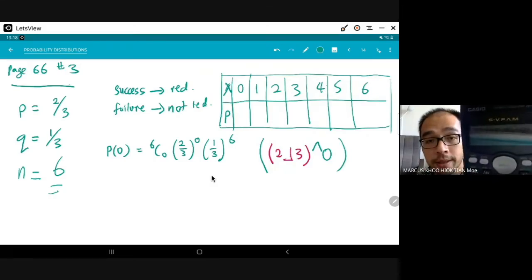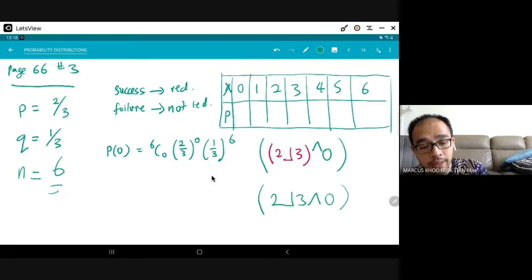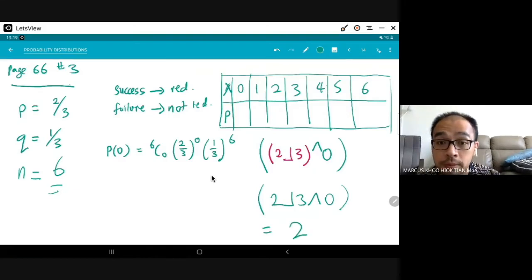Do that, because kalau kamu buat begini, 2/3 power of 0, dia akan bagi kamu jawapan 2, which is wrong. Okay, I think so.